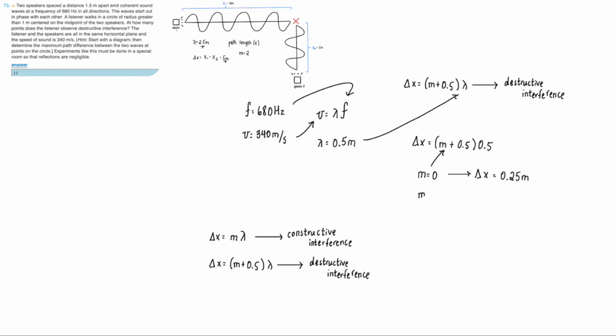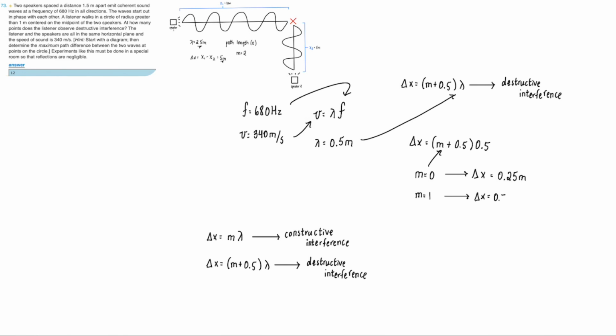If m were equal to 1, we would obtain a path length difference of 0.75 meters. And we do the same thing if we plug 2 into m, and we get a path length difference of 1.25 meters.